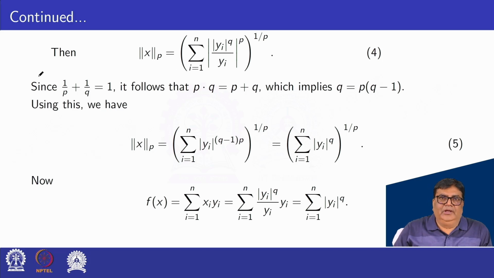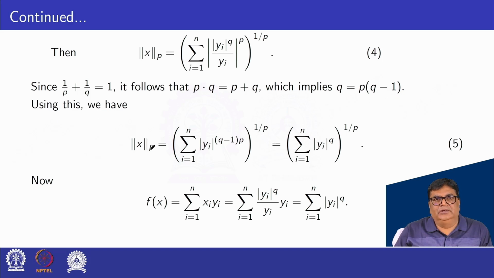Also we know that 1 upon p plus 1 upon q is equal to 1. So taking LCM pq, that is q plus p equal to p into q. So taking p this side, then q is equal to p into (q minus 1).